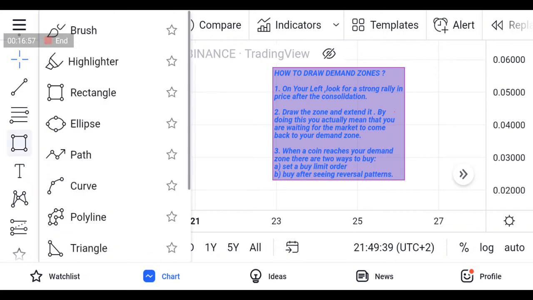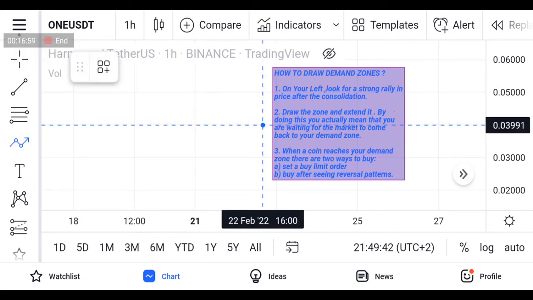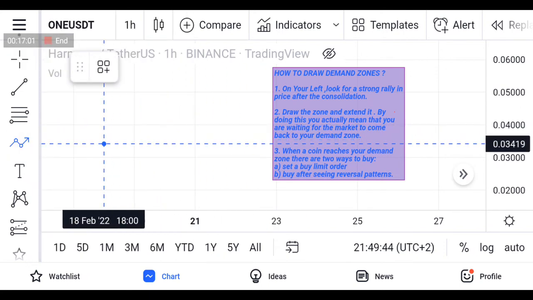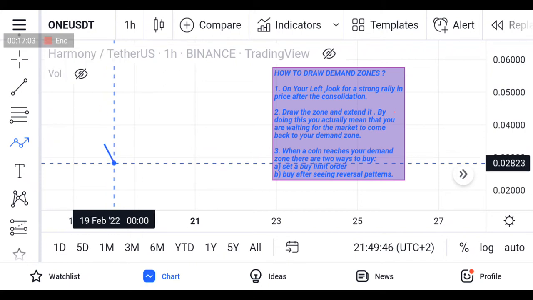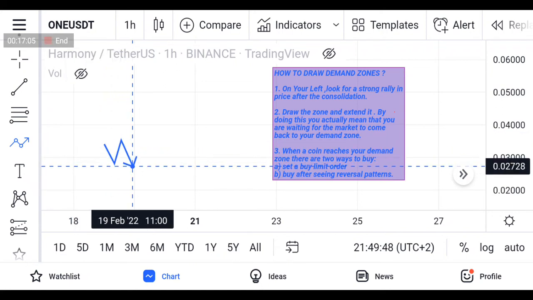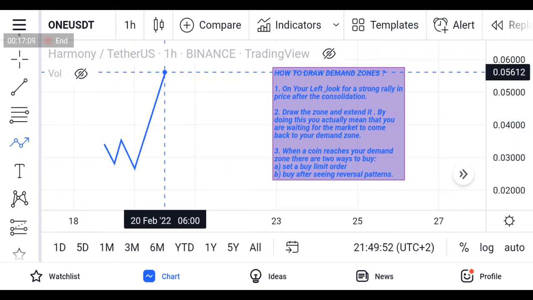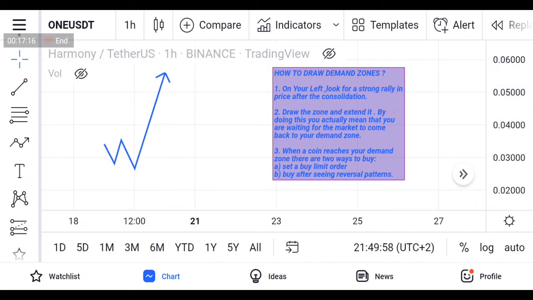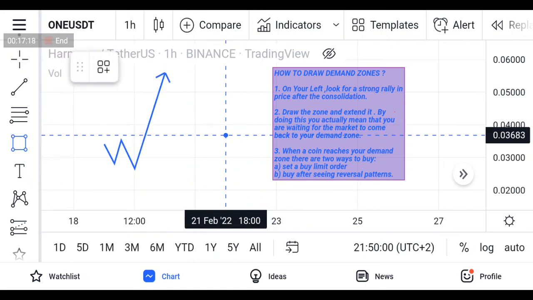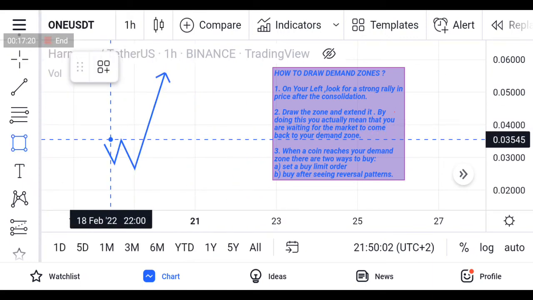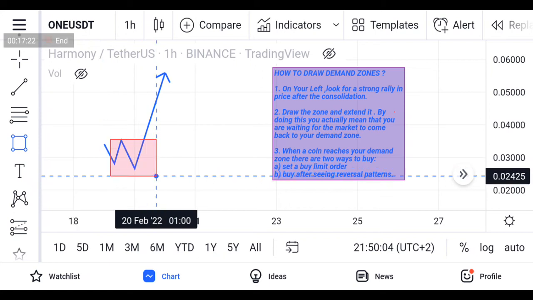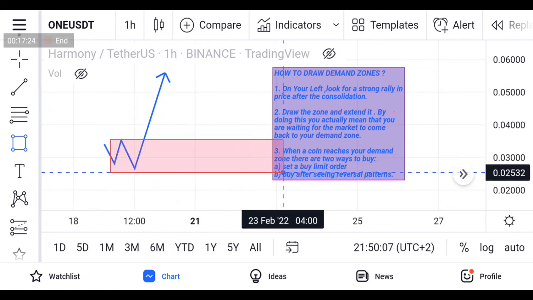Okay, let me start afresh. Say it's something like this. The market is consolidating, then boom, it starts shooting up. As for you, there's nothing you can do right here. So you just draw your zone here, and you extend it.